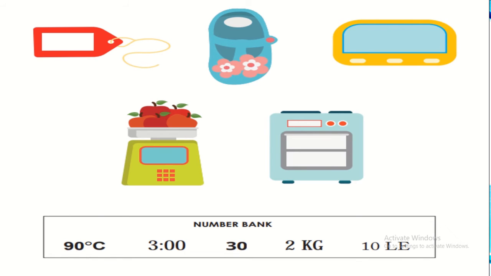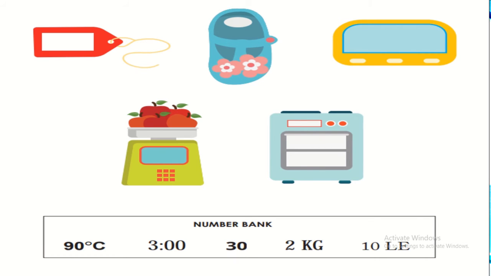There are numbers that appear on the clock to tell me the time right now. The fourth picture shows a balance and an apple. The numbers on the balance represent the weight of the apple, and these numbers are represented by kilograms. The fifth picture represents a cooker, and the numbers that appear on it represent the temperature of the cooker.